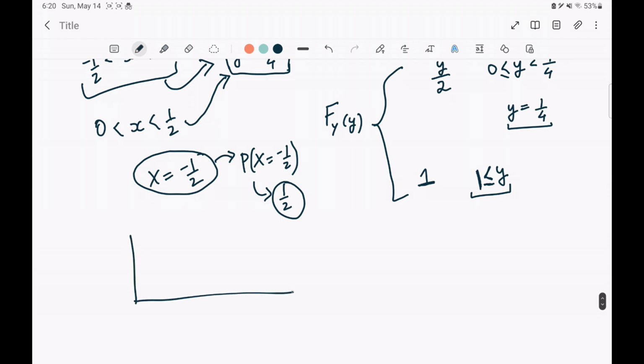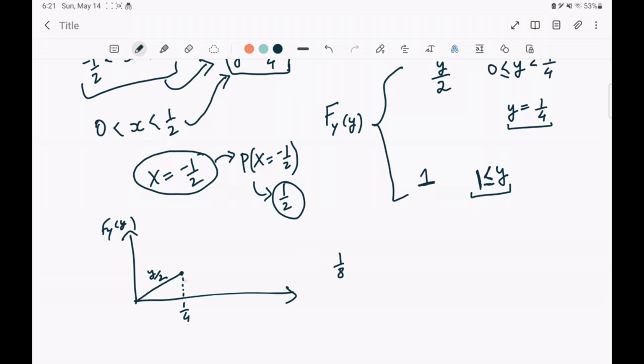So you see that if you draw F_Y of y, it would increase linearly like here, y by 2, and at this point, since this is 1 by 4, this will be 1 by 4 by 2, which is 1 by 8.